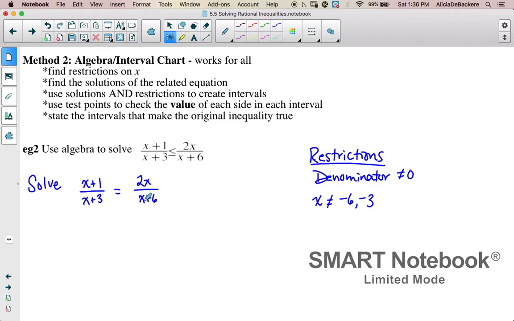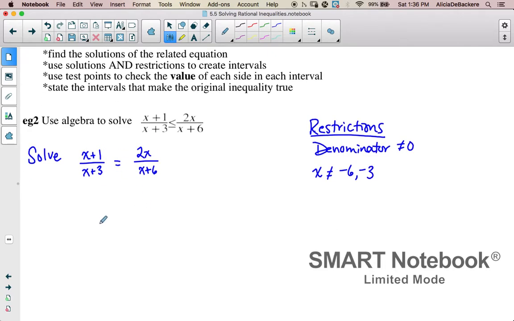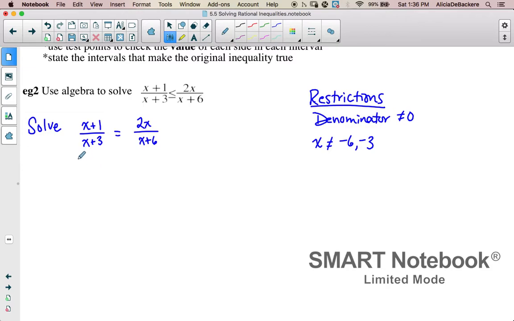This one is a fraction equals a fraction, so I can cross multiply to solve it. And then I'm just going to expand these out. When I expand, I get x times 6, that's 6x, and then 1 times x, that's 1x. So I have 6x plus 1x, that's 7x, and then 1 times 6 is 6.